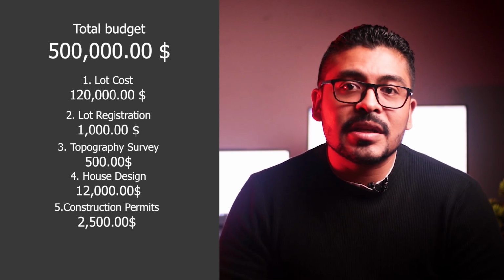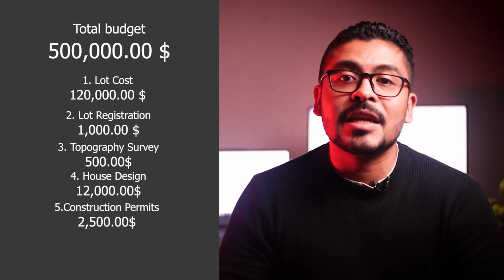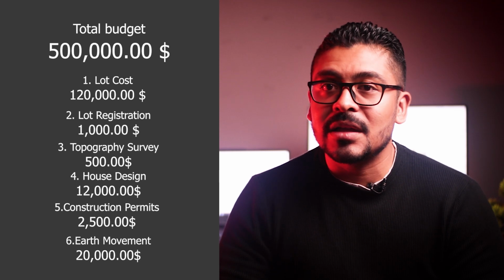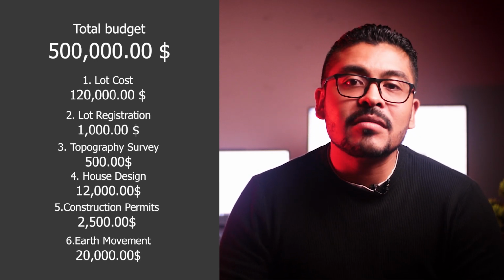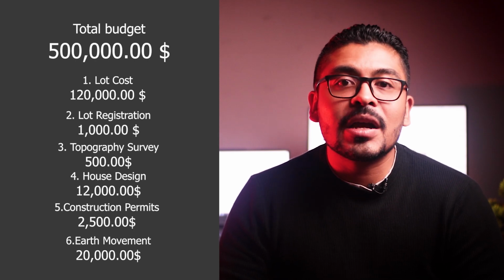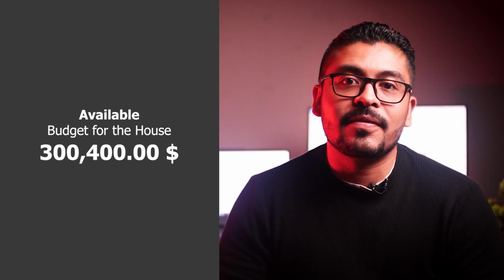If it's a very steep terrain, this cost depends on how steep the lot is. Let's say about $20,000. Now, if we do the math, from the $500,000 we subtract everything above. We have $300,400 left. Therefore, this is what you really have available for your house.